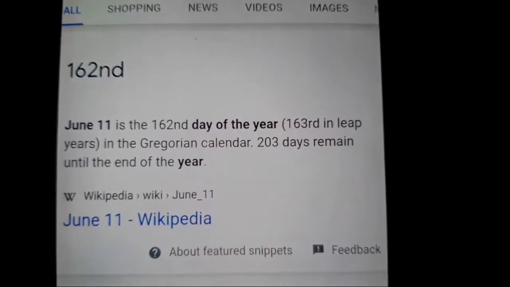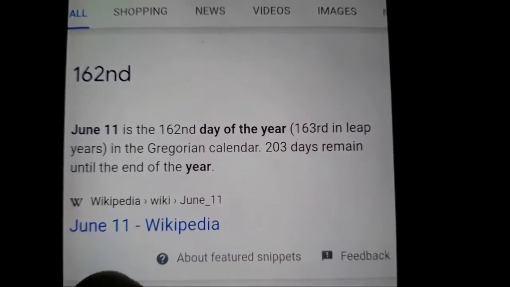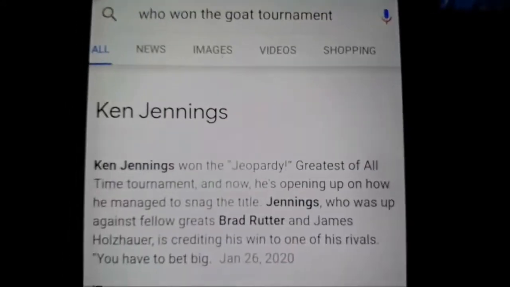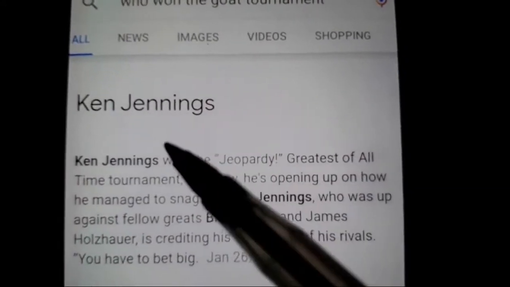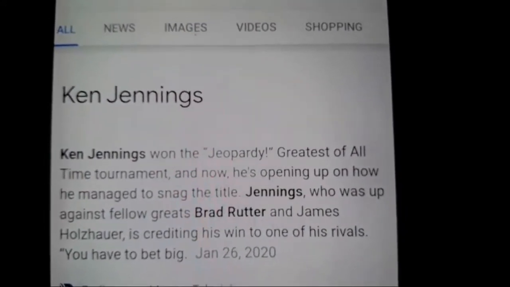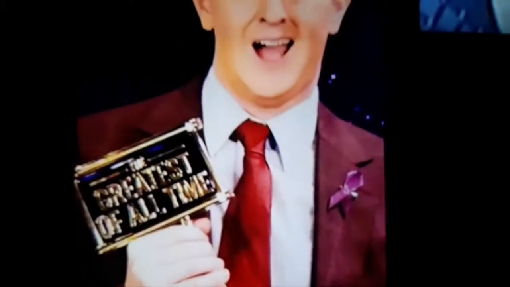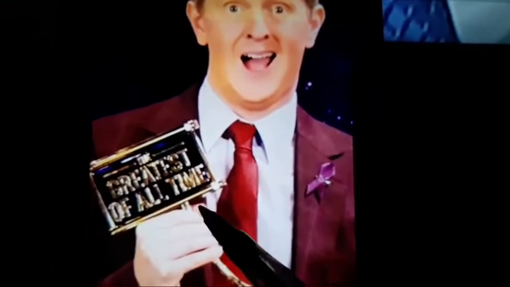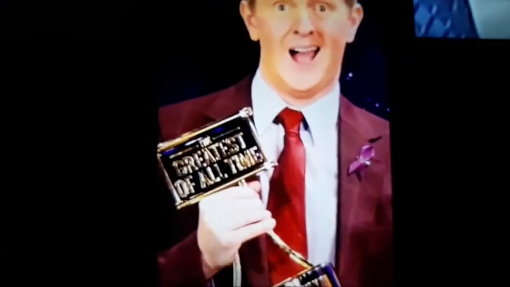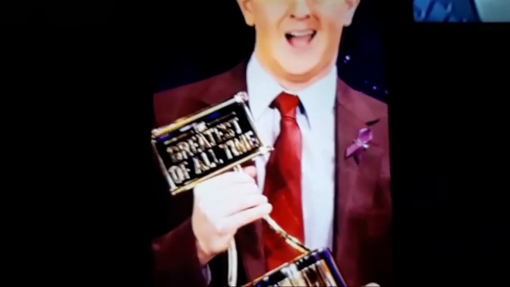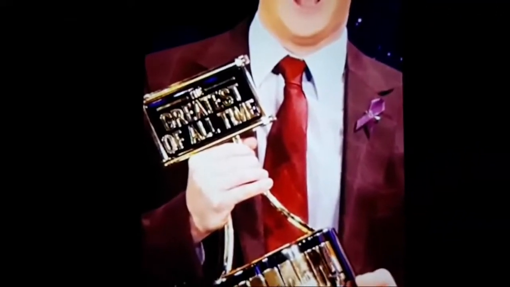Okay? And what makes this incredible, why Trebek is involved, is because Trebek hosted a tournament called the GOAT tournament. Okay, and this dude won the GOAT. He won the GOAT tournament, and GOAT means the greatest of all time.